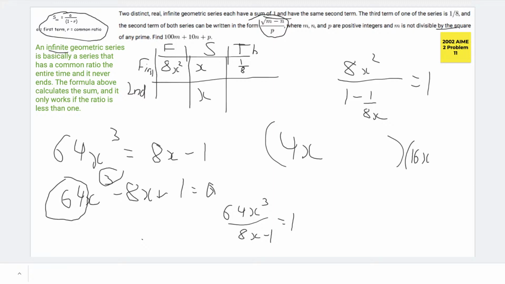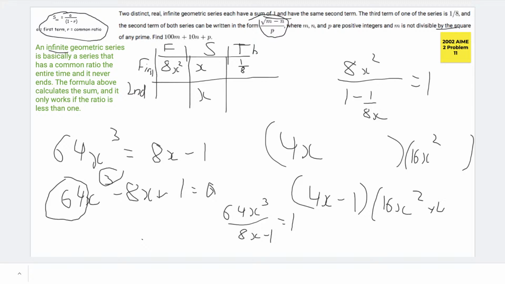Then after some substitution, you can factor this on your own. You do some trial and error, and you get 4x minus 1 times 16x squared plus 4x minus 1.